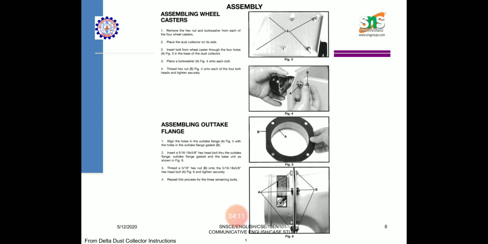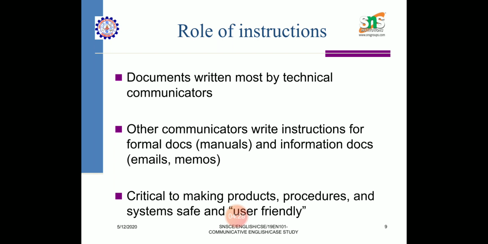Here are a few examples I have given you. For example, assembling a wheel caster. See how the instructions are given in 4 points, how it should be removed or assembled. Likewise, this plays a vital role in giving instructions to the customers or the users.